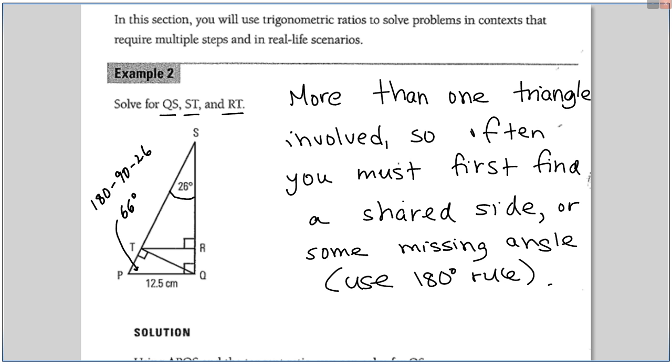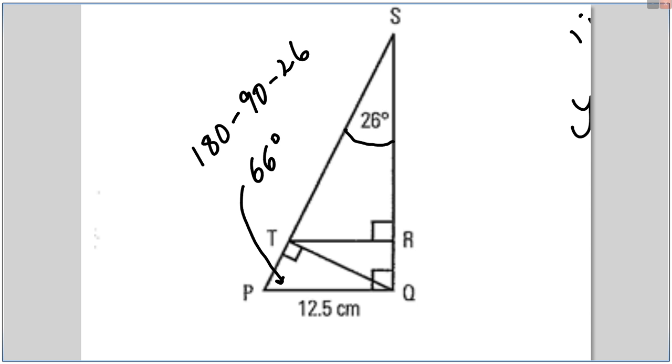All right. Now, if you take a look at this triangle, now that we know that that's 66, we can use, is it 66? 64. Once you got this 64 down here, you can use 64 and 12.5, and we could figure out a bunch of stuff now. We could figure out QT. We could figure out PT, right?